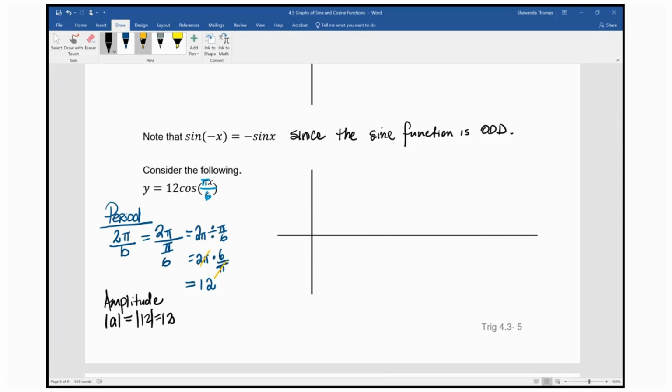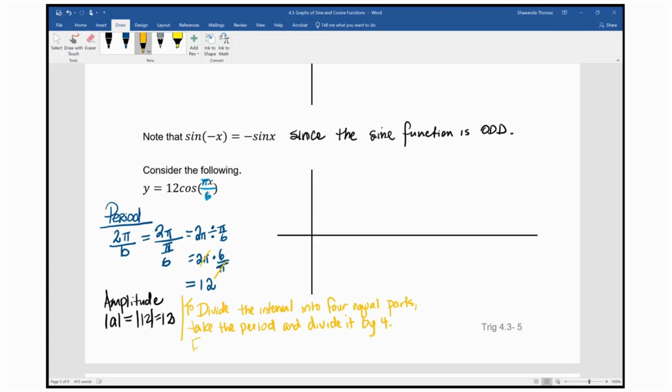Another way is to divide the interval into 4 equal parts. Take the period that you found already and divide it by 4.